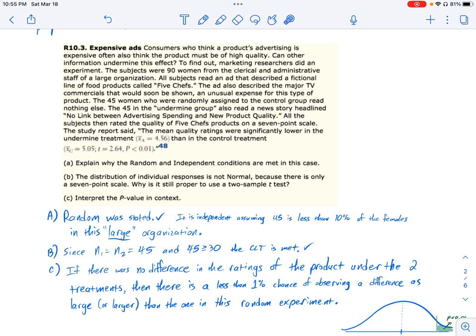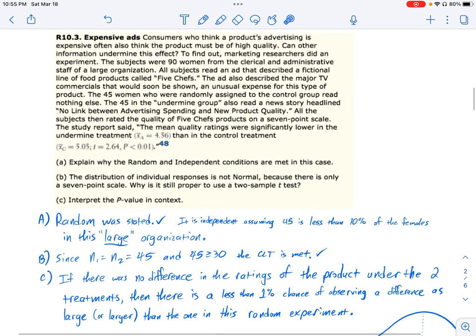It's kind of a strange context, but there you have it. The mean quality ratings were significantly lower in the undermine treatment. So the women that were told there's no link rated them much lower. Their average was 4.56, and the control group was 5.05. Here's your statistic, and here's your p-value.